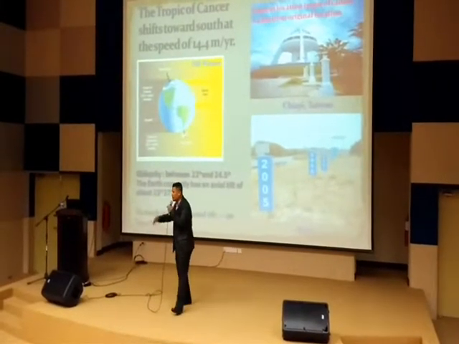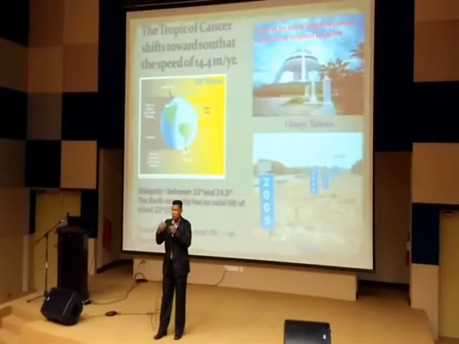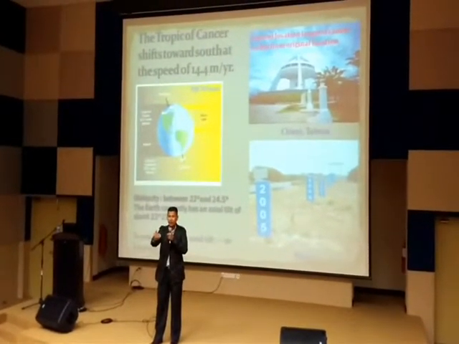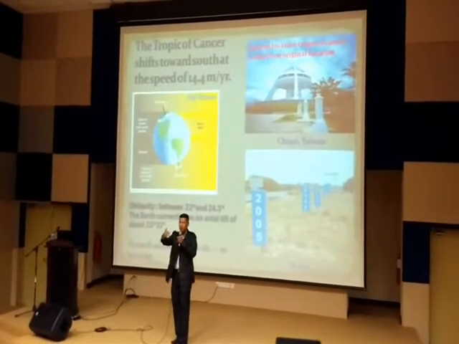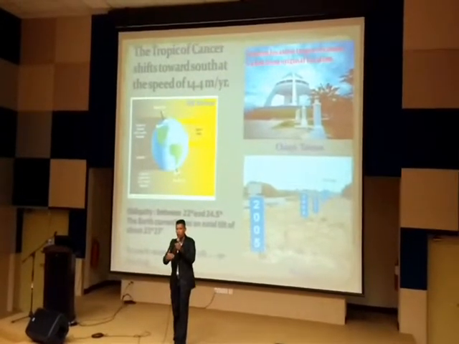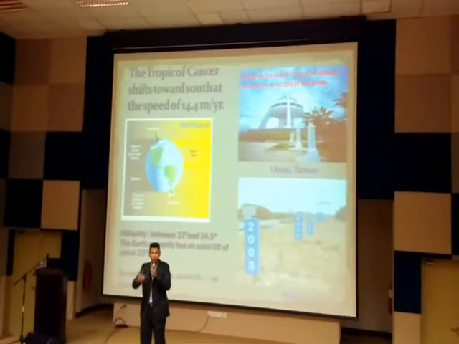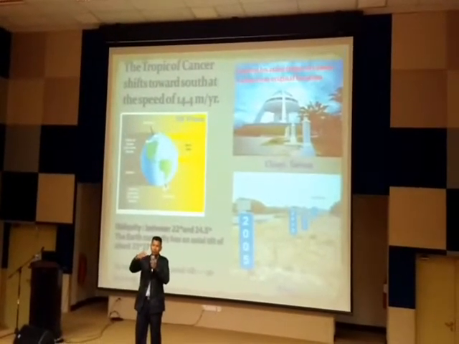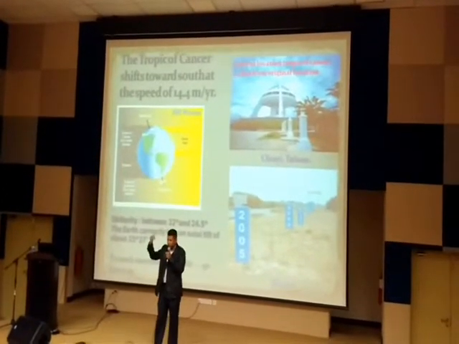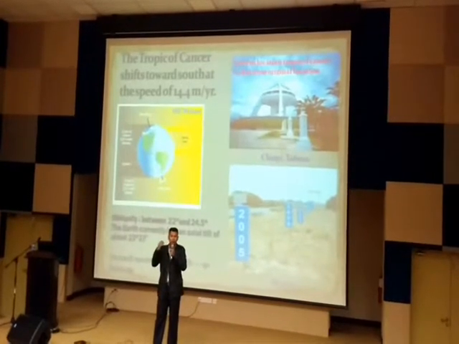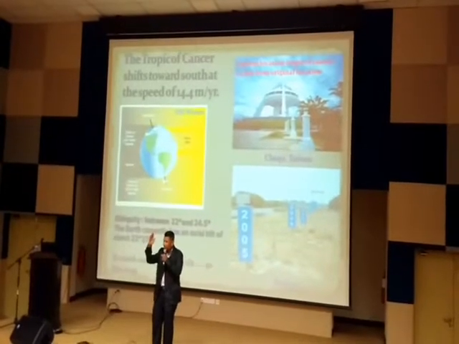And then year after year, they measured that place. They noticed that the Tropic of Cancer moves southwards about 14.4 meters per year, and it will take about 90 kilometers to reach the maximum tilt angle.